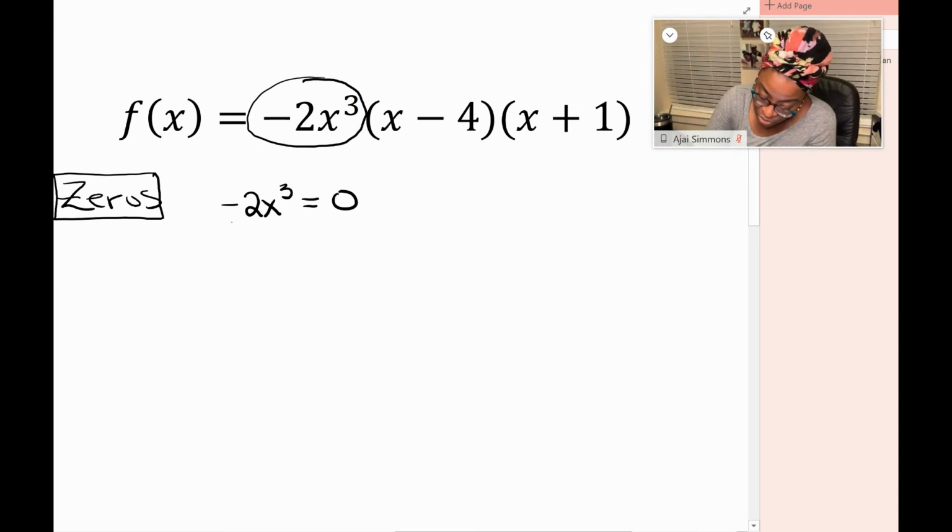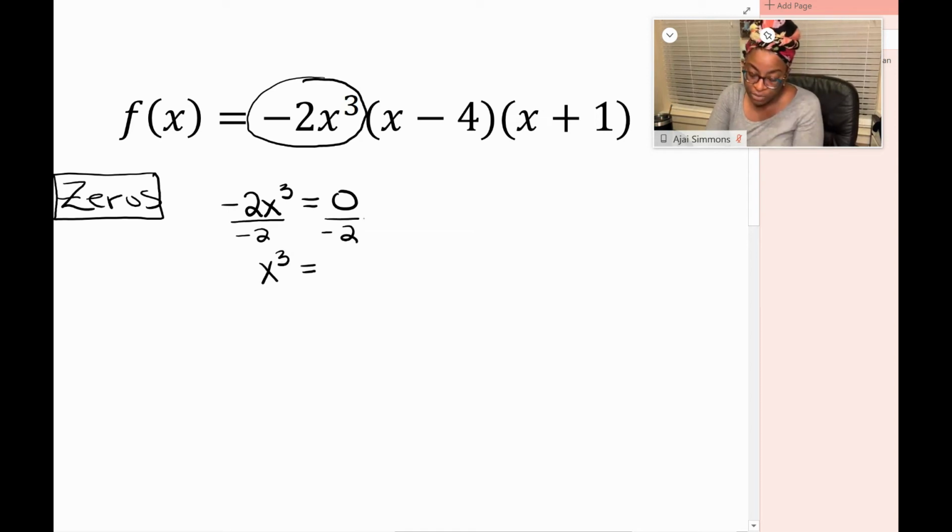The way that I do that is first I got to get rid of the number in the front. So I divide by negative 2. And 0 divided by negative 2 is 0. Then I need to get rid of the cube. So in order to get rid of a cube, I got to do cube root. So you do cube root of both sides.